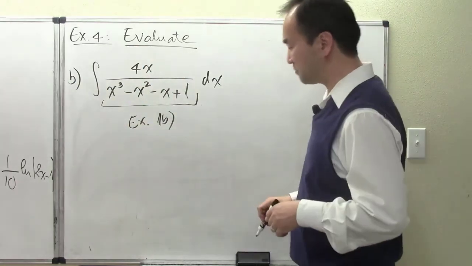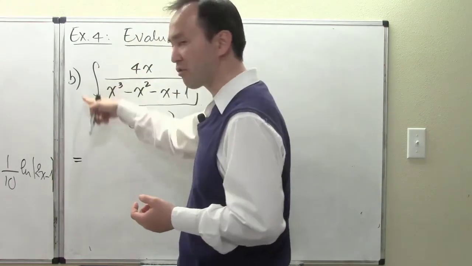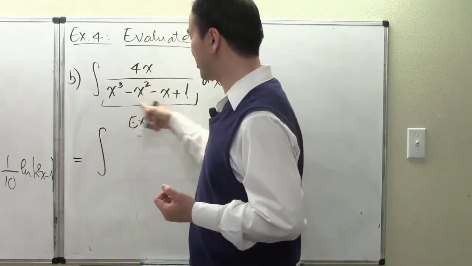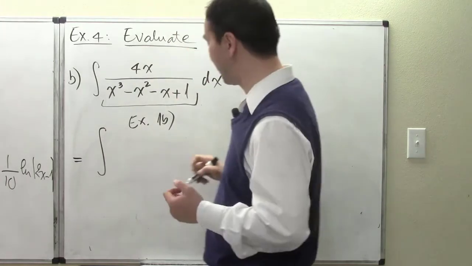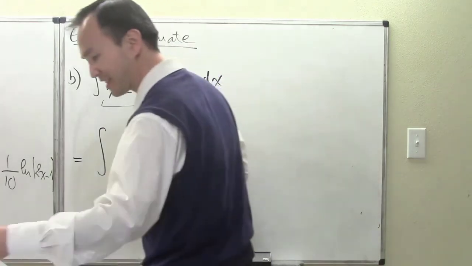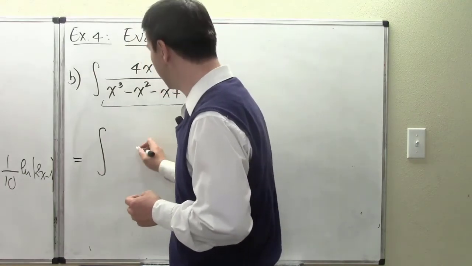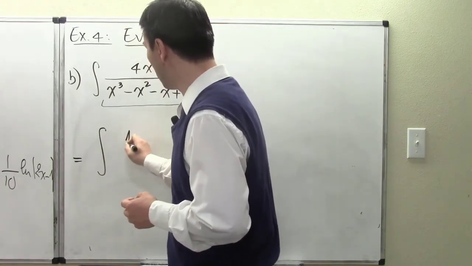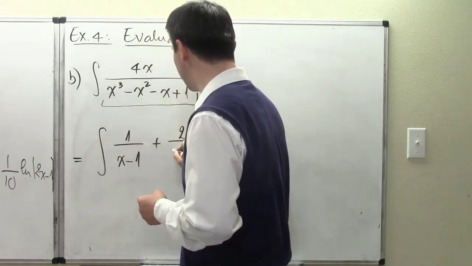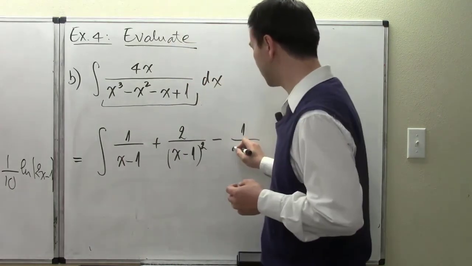So the point now is that when we're taking the indefinite integral of this problem, we can rewrite our rational expression according to the result we found in example 1b. We found the following partial fractions: 1 over x minus 1, plus 2 over x minus 1 squared, and then minus 1 over x plus 1.